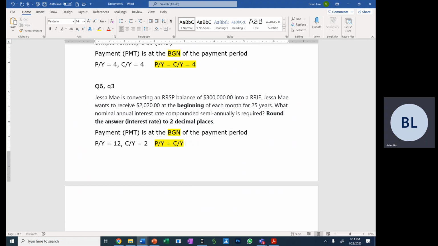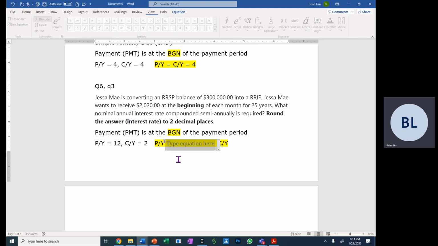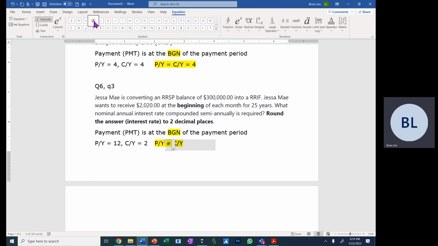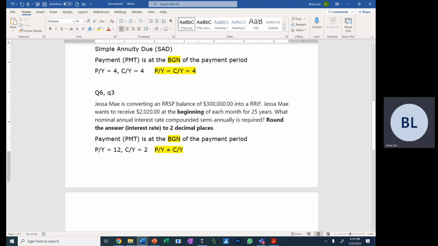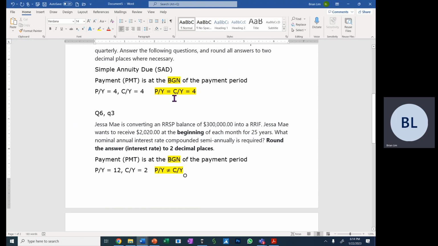So what do we have here? Well, we have that PY is, yes, is not equal to CY. So let us insert that in there. PY is not equal to CY. Okay, so that's where we have there. So that constitutes an, what kind of annuity? Well, this would be a general annuity due or annuity general due.